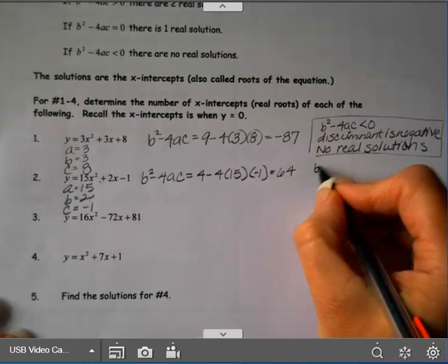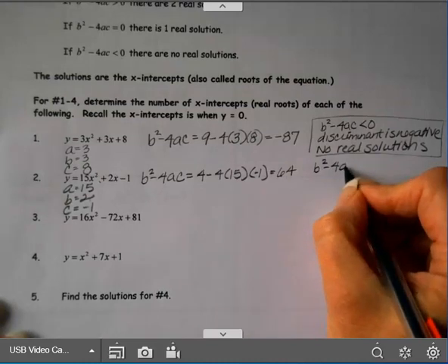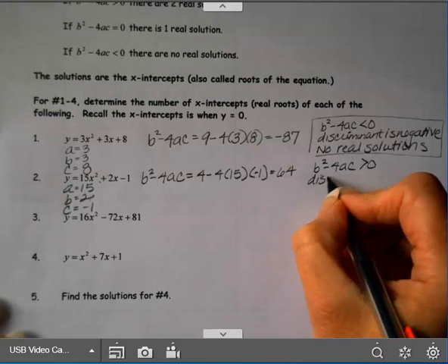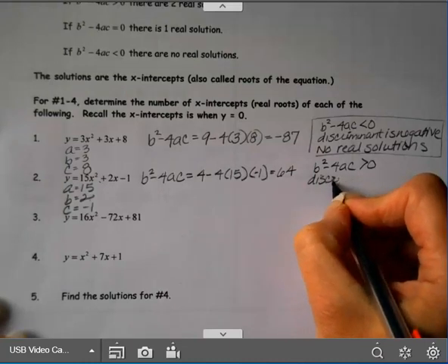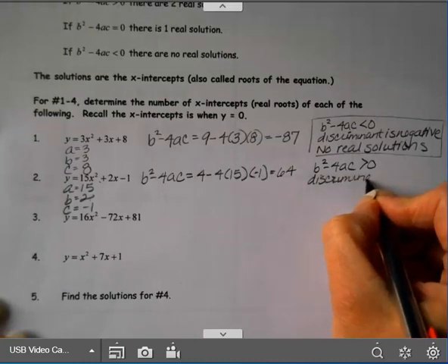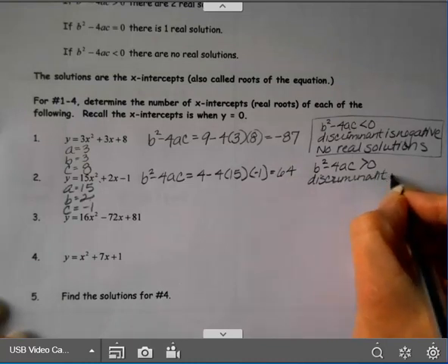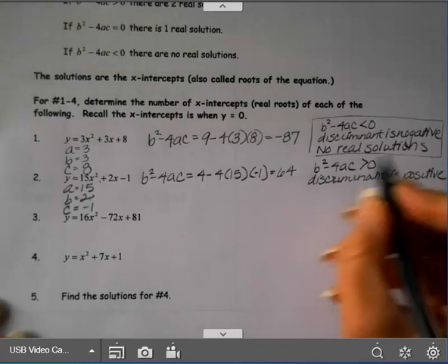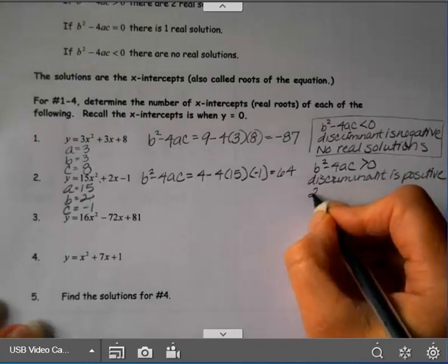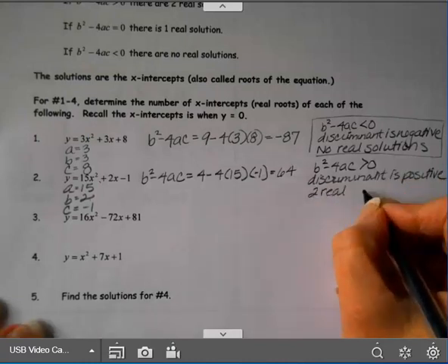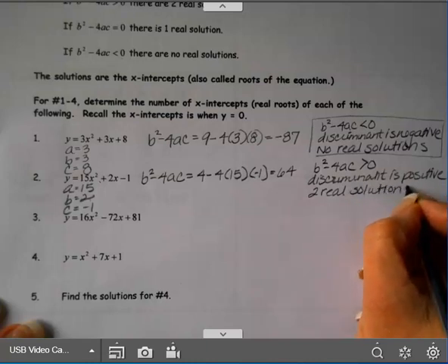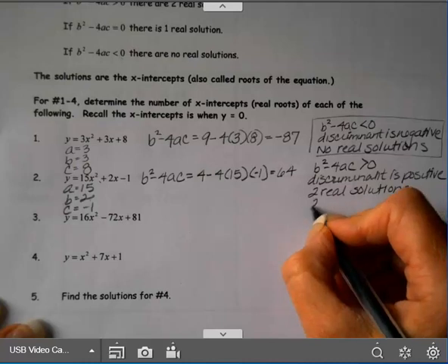This time, b squared minus 4ac is greater than 0. That means my discriminant is positive. So there are two real solutions. So there are two x-intercepts.